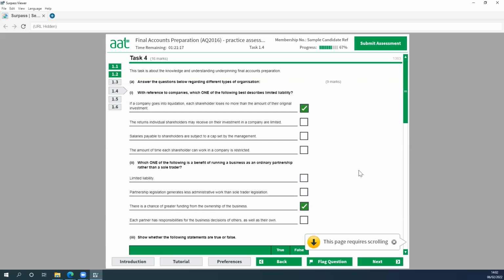So with reference to companies, which one best describes limited liability? Okay, so we have unlimited liability, don't we? We have limited liability. Unlimited liability tends to be what sole traders have, don't they? They're responsible for all of the debts. Whereas a limited company, obviously, is usually a separate entity.